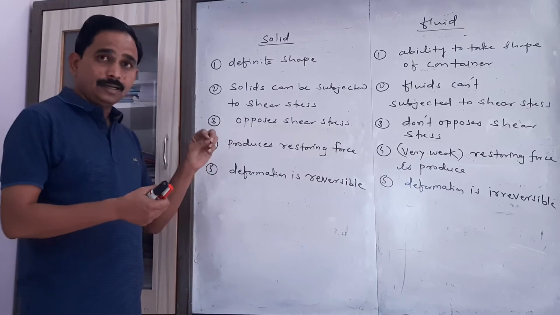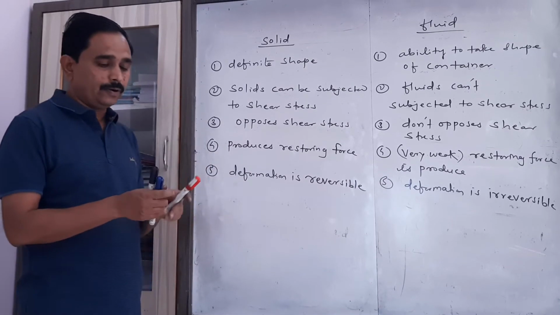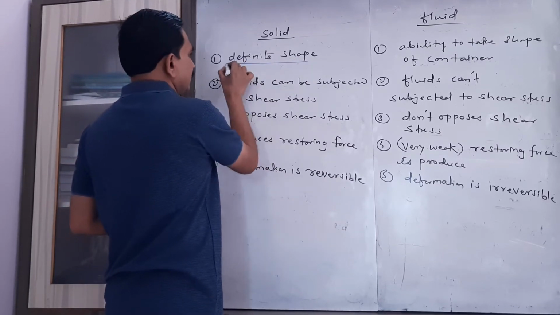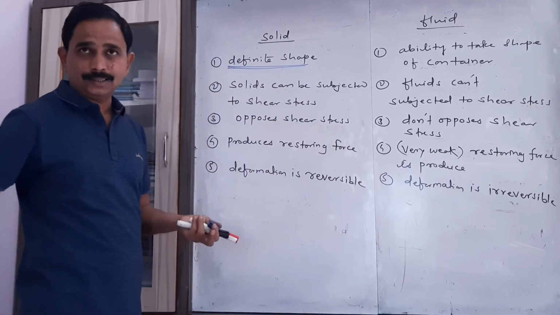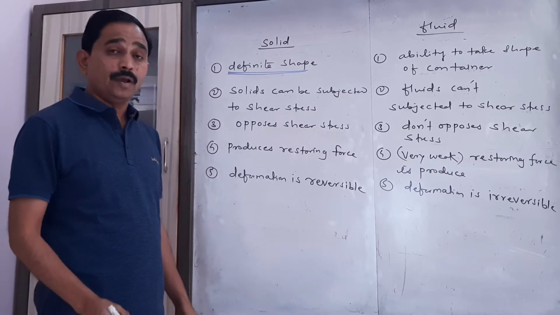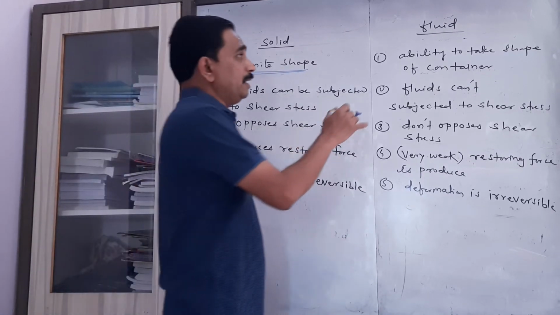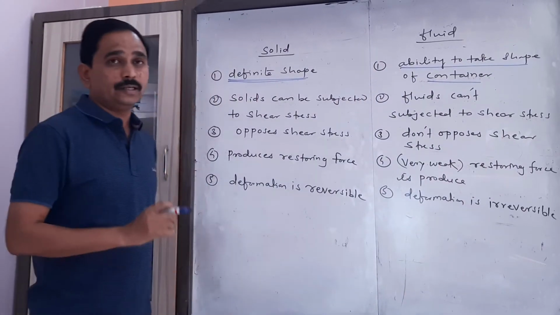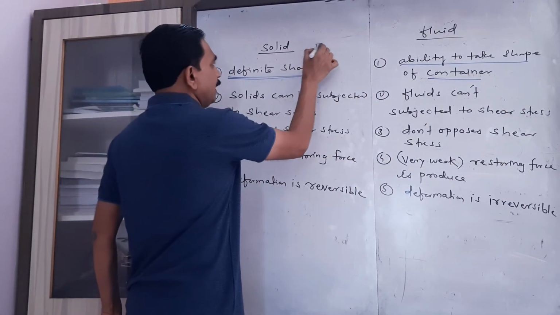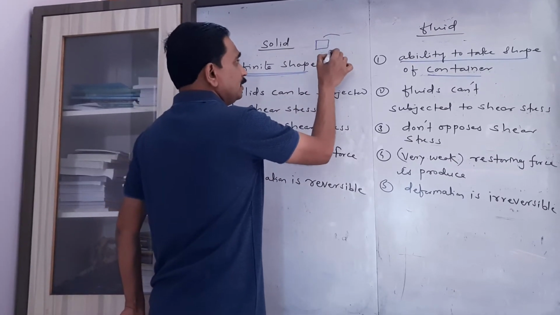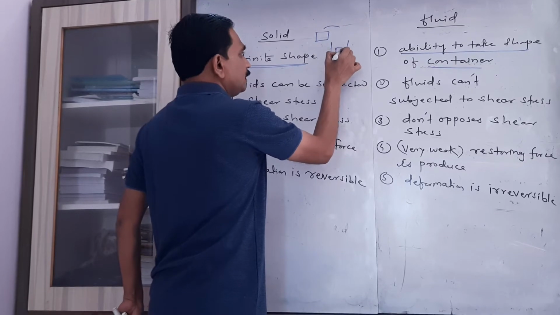In the first point, solid already possesses a definite shape, but liquid and gases, as all of you know, don't possess a definite shape, but they have the ability to take the shape of the container. The shape of a solid remains as it is, though we change the container in which it is placed.